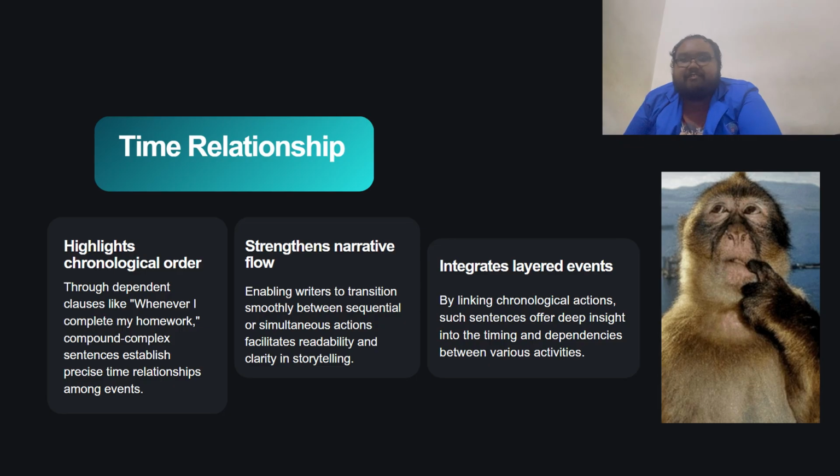Strengthen narrative flow, enabling writers to transition smoothly between sequential or simultaneous actions, and facilitate readability and clarity in storytelling. Integrate layered events by linking chronological actions, such sentences offer deeper insight into the timing and dependencies between various activities.